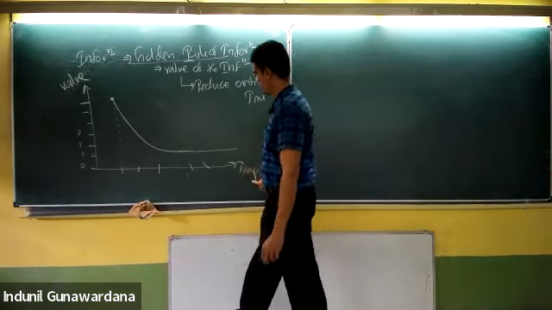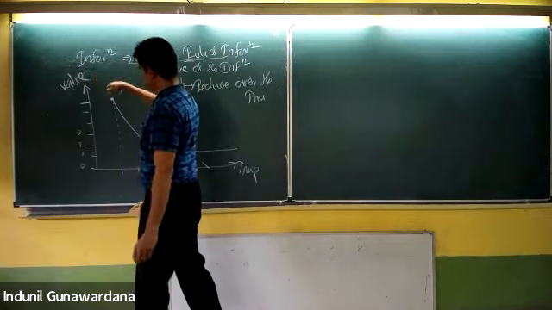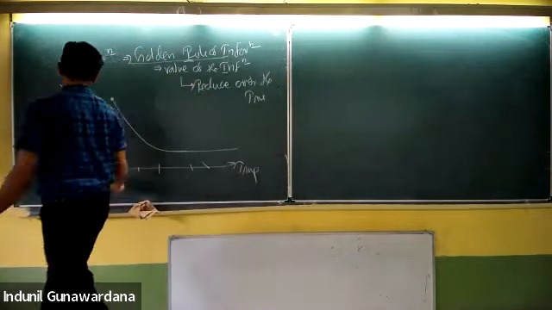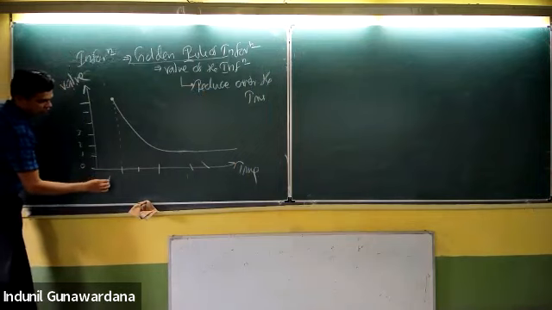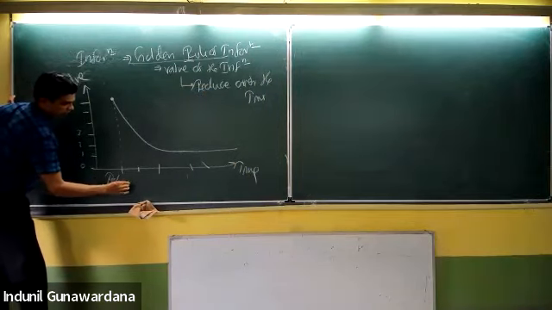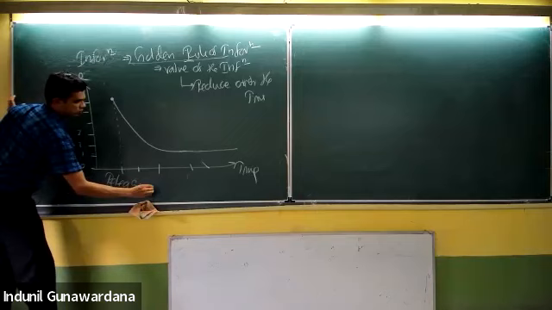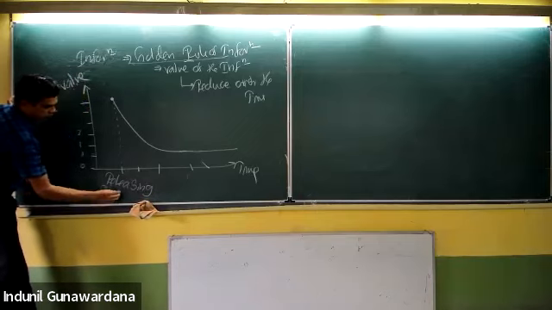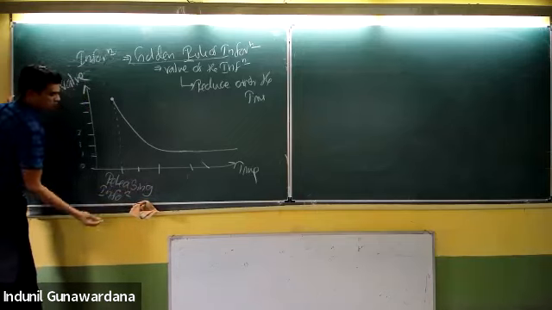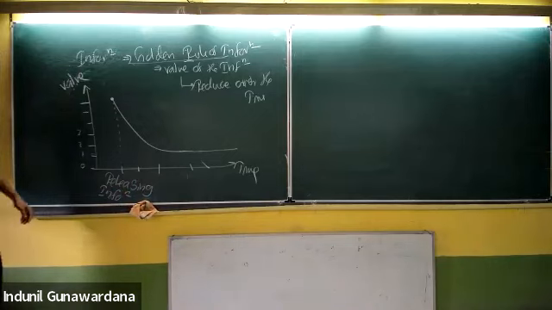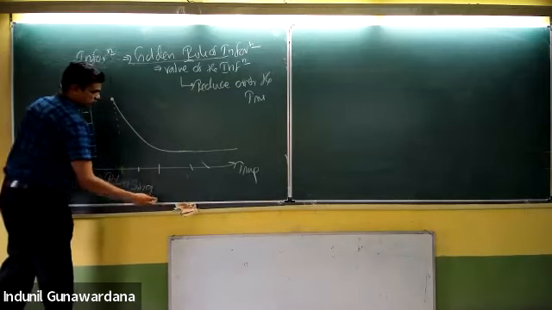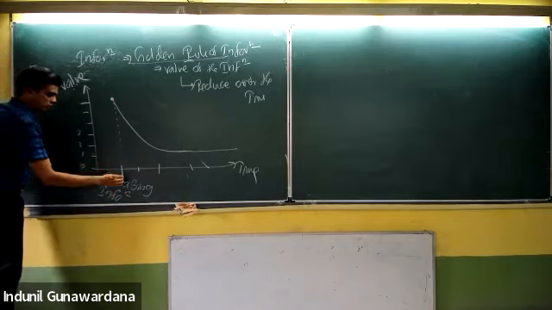Labeled axis, this side time, this side value. Now here we can label it as releasing the information. This is the time where the information had been released.